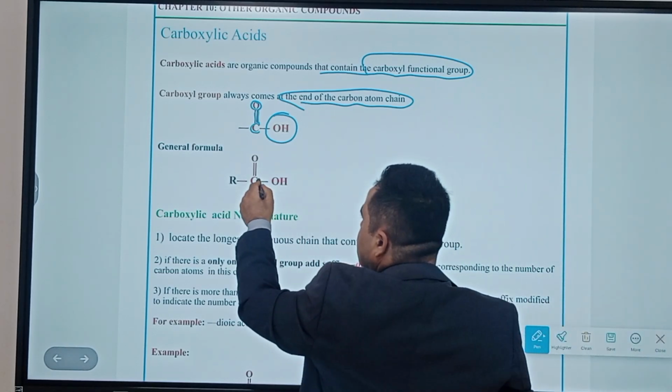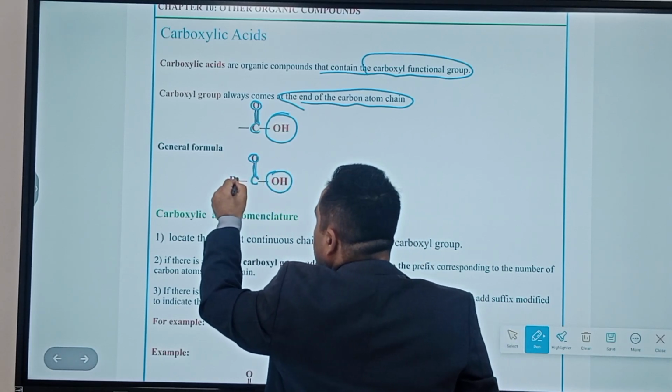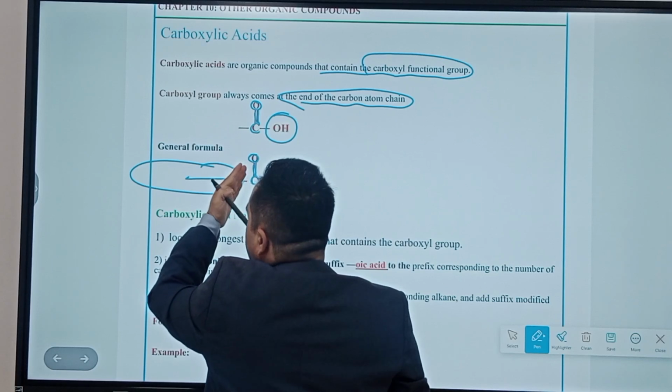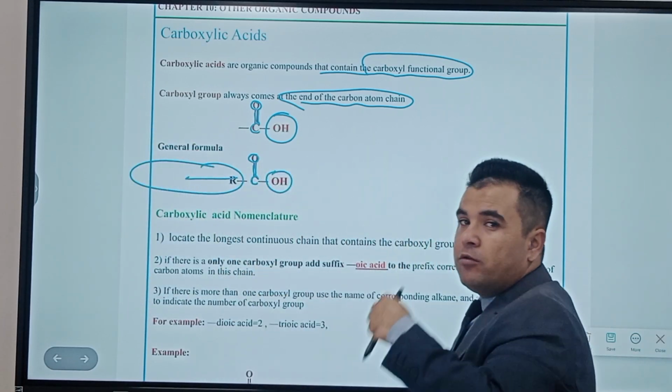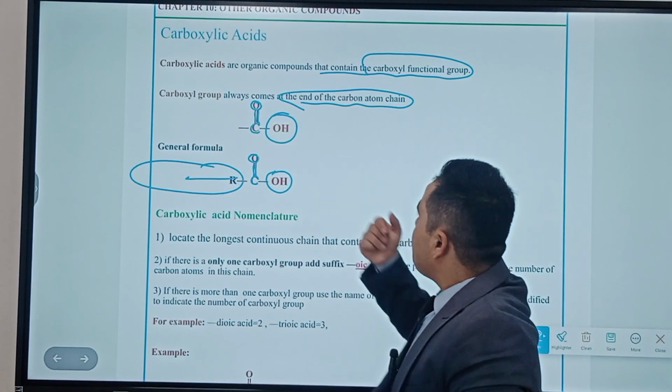The general formula is R-C double bond O, then OH. This R is the chain, which can be as long as possible, depending on the number of hydrocarbons.